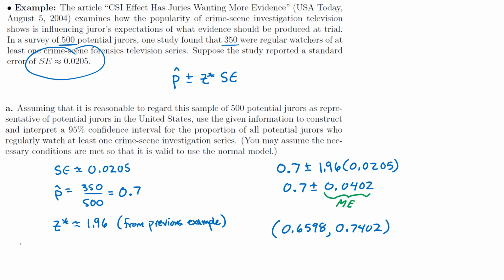So this is telling us that we are 95% confident. And again, this is a conclusion about the population itself, right?